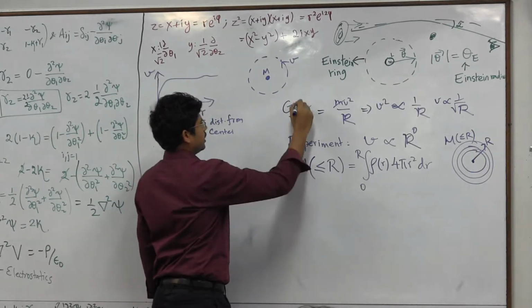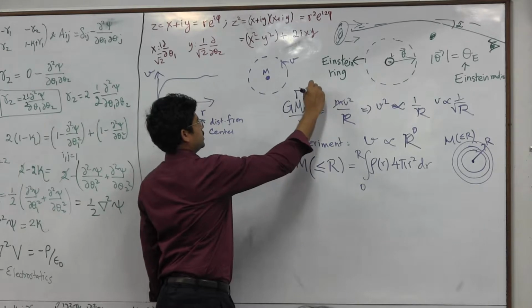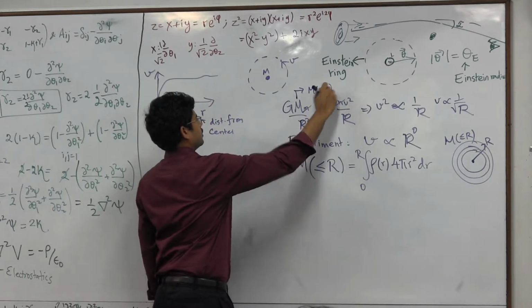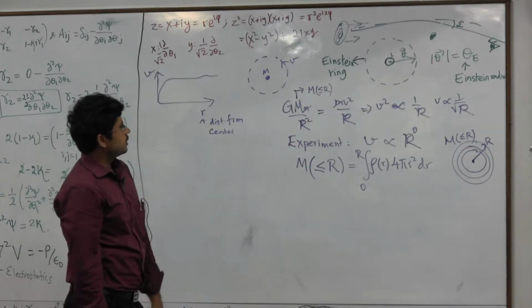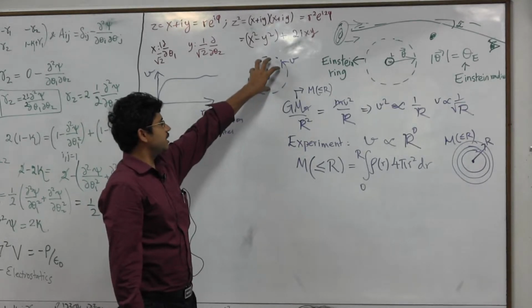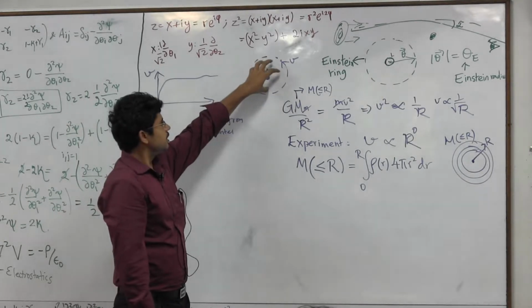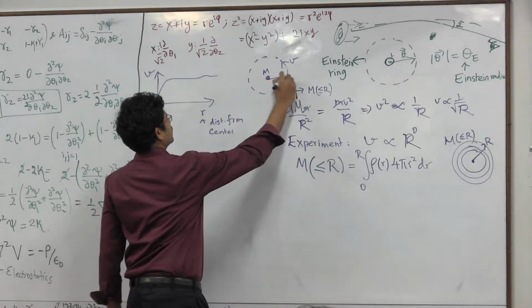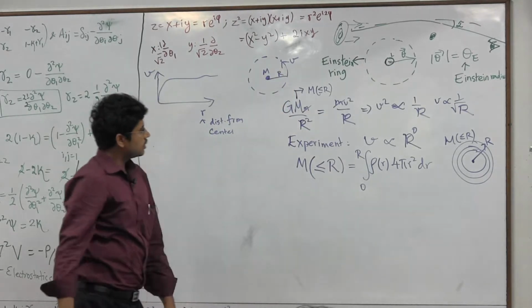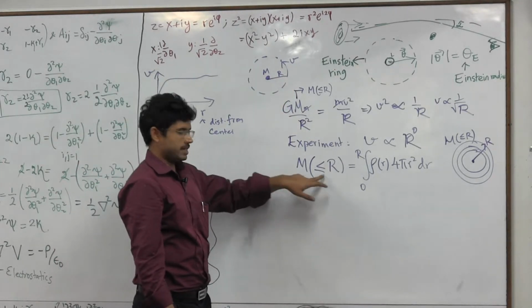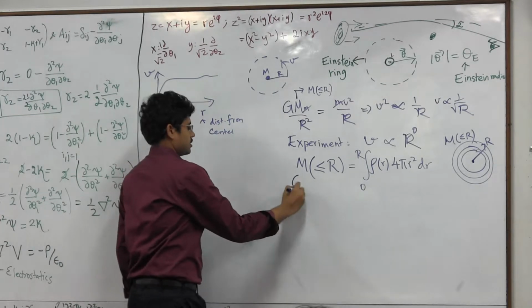So this m is m. This is everything that is inside this sphere. So that is what I meant by m lesser than or equal to r.